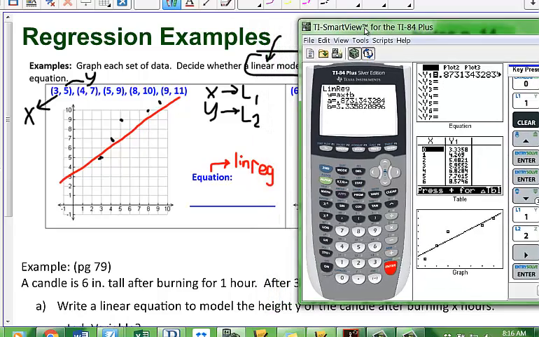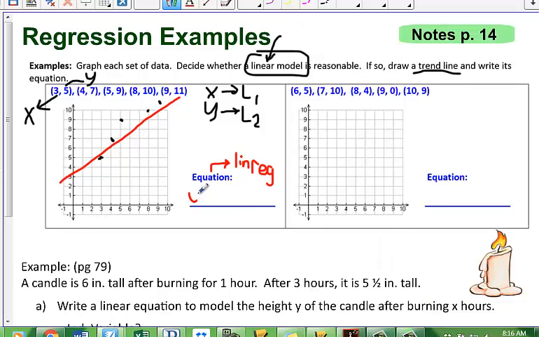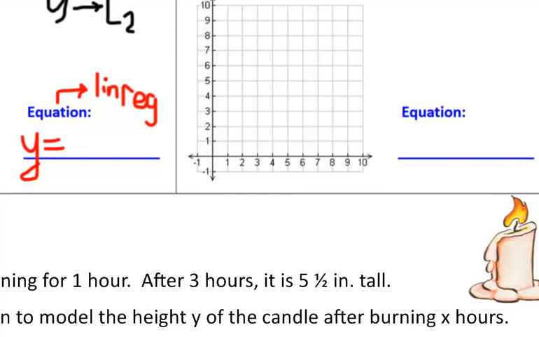Now yours probably has an r squared on it. It should, and that's a-okay. But since I'm just looking for the equation, I'm going to go ahead and write this. I'm going to use this y equals ax plus b, except I'm going to plug in what a and b are.